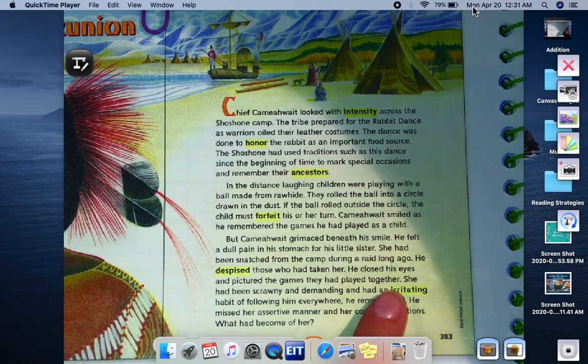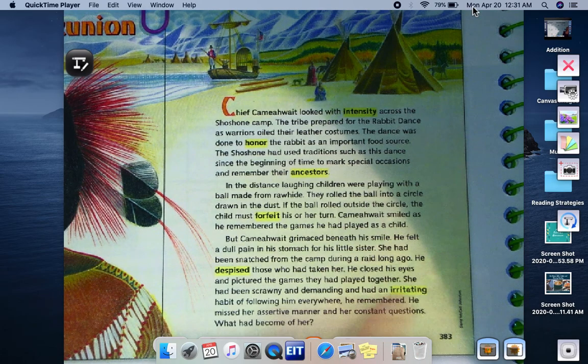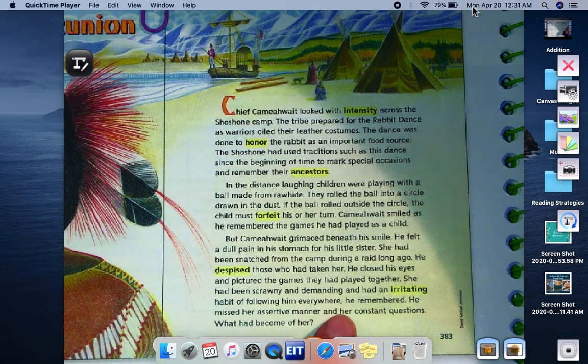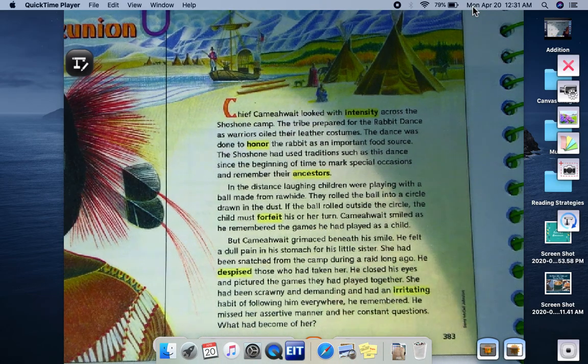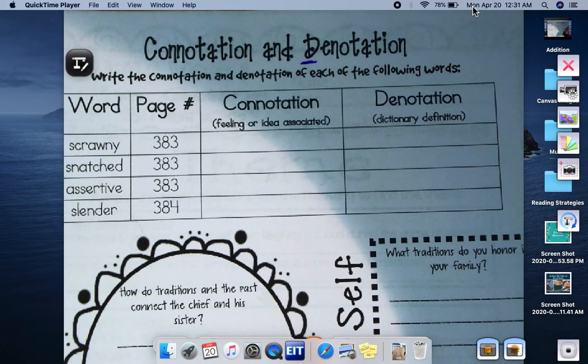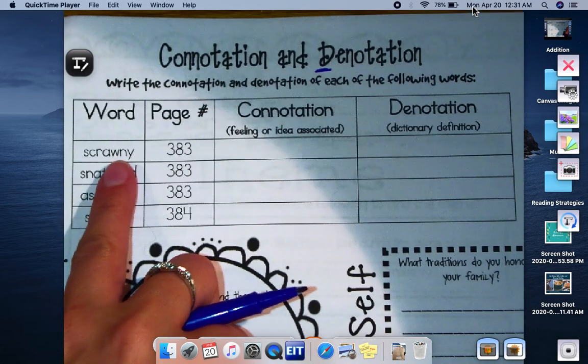It's when Chief Came Away is thinking about his little sister. "She had been scrawny and demanding and had an irritating habit of following him everywhere," he remembered. So he's thinking about his little sister. He says that she's scrawny.